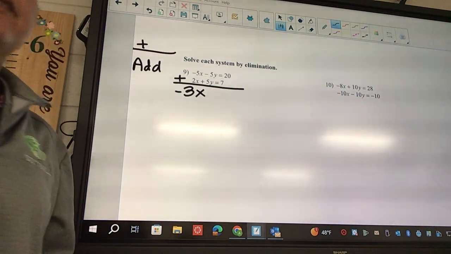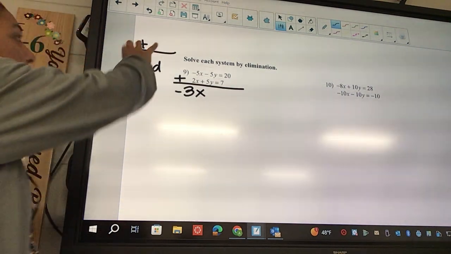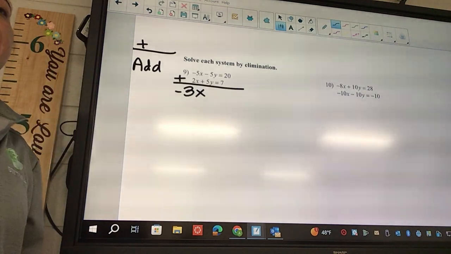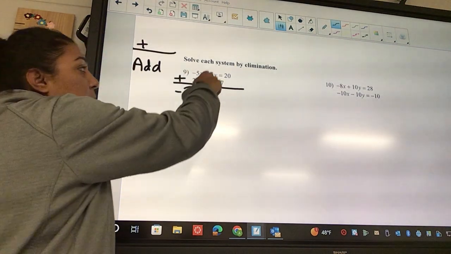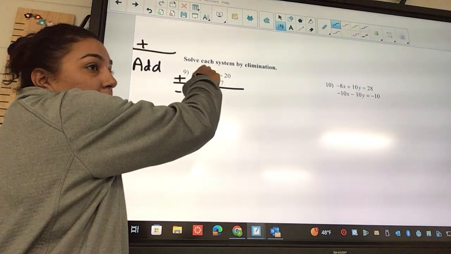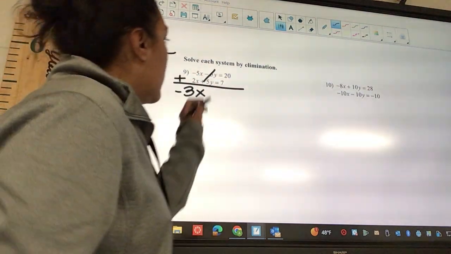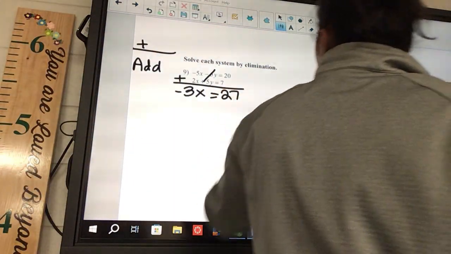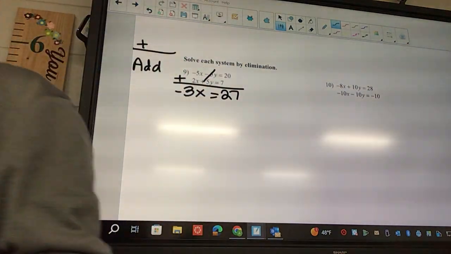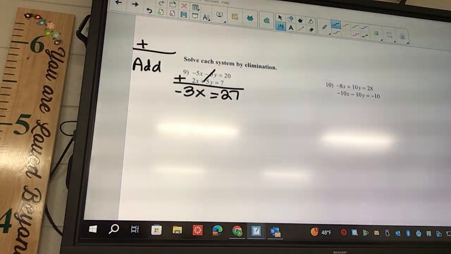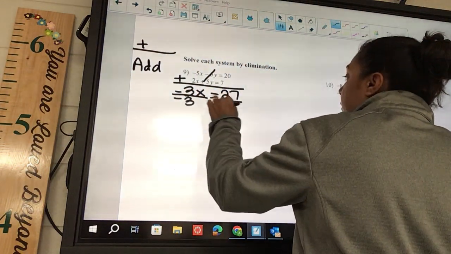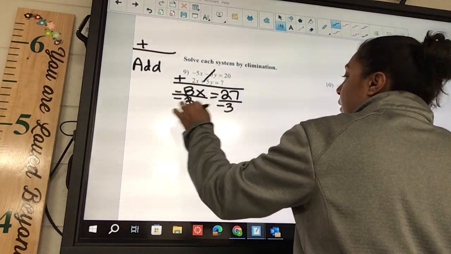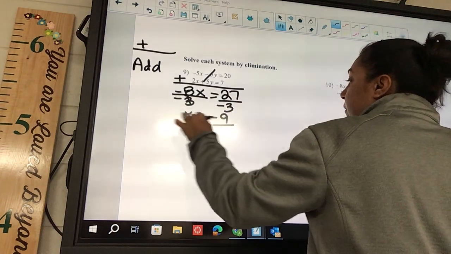If you forget, or you didn't write this down, if you have two of the same number and opposite signs, then they cancel. And then 20 plus 7 is going to be 27. Then I'm going to divide by -3, and that's going to give me -9.